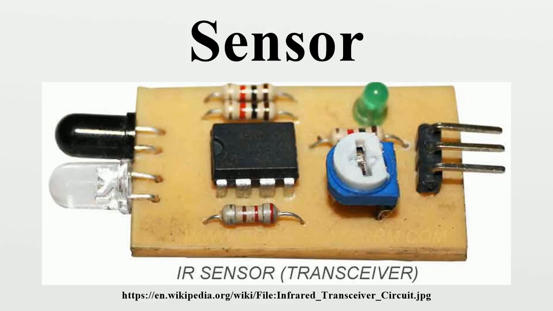Chemical sensor. A chemical sensor is a self-contained analytical device that can provide information about the chemical composition of its environment, that is, a liquid or a gas phase. The information is provided in the form of a measurable physical signal that is correlated with the concentration of a certain chemical species.